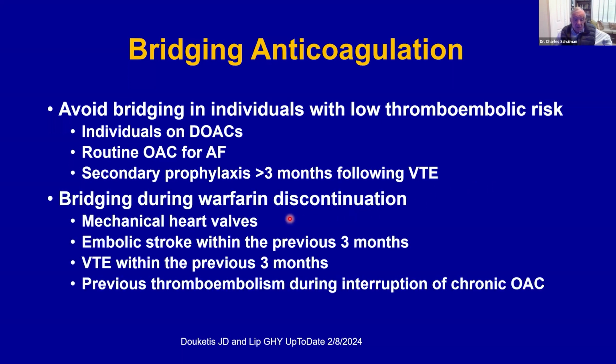Bridging is indicated for mechanical heart valves, an embolic stroke within the previous 3 months, VTE within the previous 3 months, or if the patient had a previous thromboembolism during interruption of chronic oral anticoagulation.